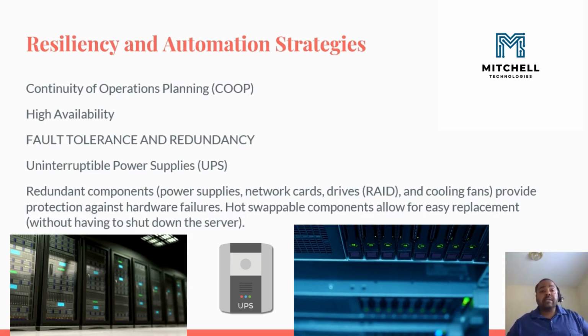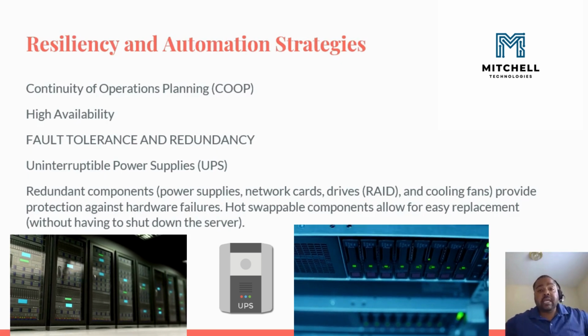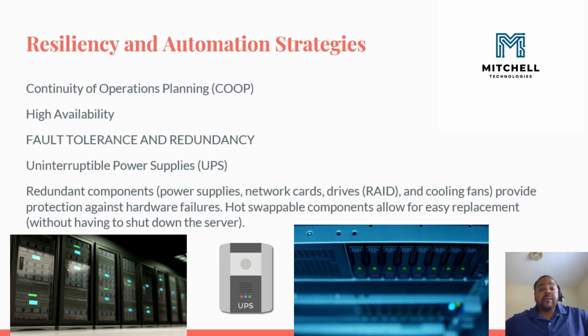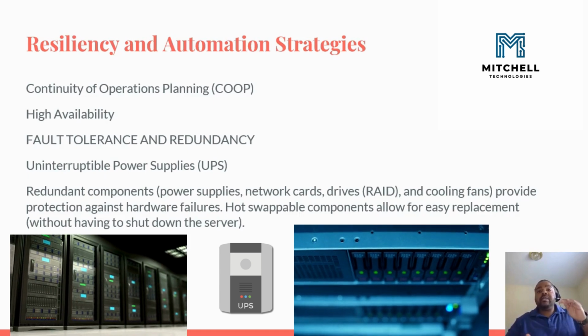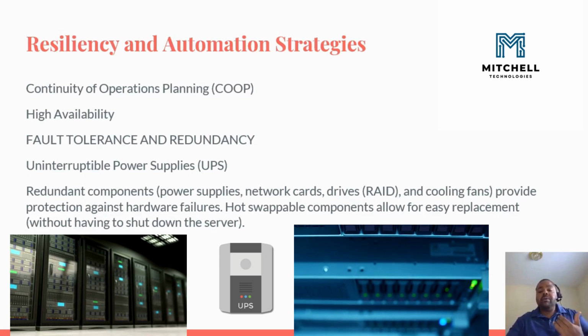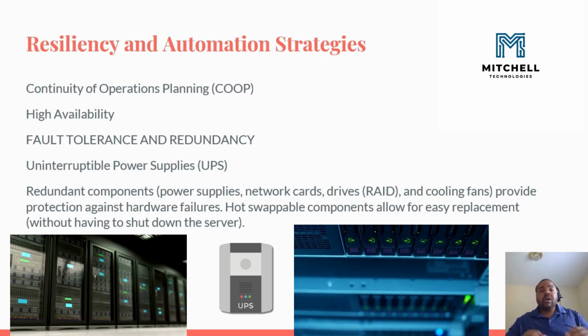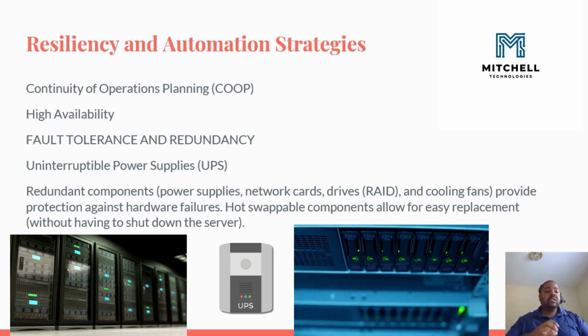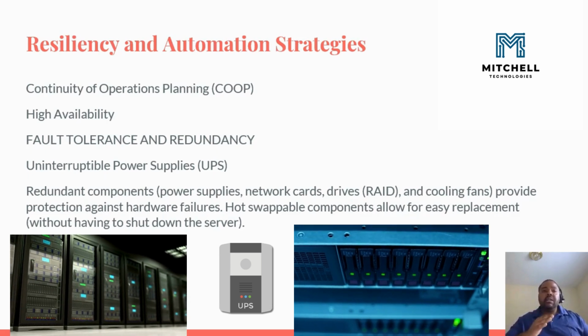In case of power outages, you have things like a UPS. A UPS is something that you could put on your computer, servers, printers. They're pretty much these big black boxes that sit under the desk.